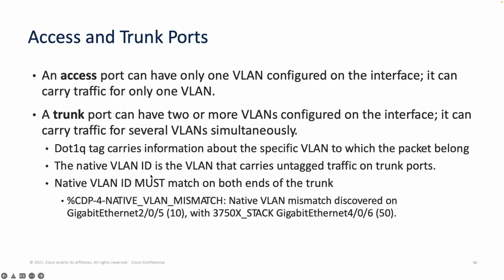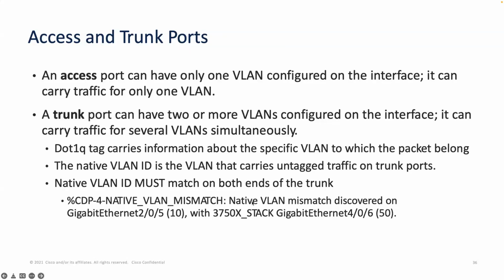And actually, the trunk port can carry untagged packets along with the tagged packets. The native VLAN is the VLAN that carries untagged traffic on a trunk port. It can be configured on the trunk port. By default, the native VLAN is VLAN 1, and all untagged traffic is assumed to belong to that VLAN.